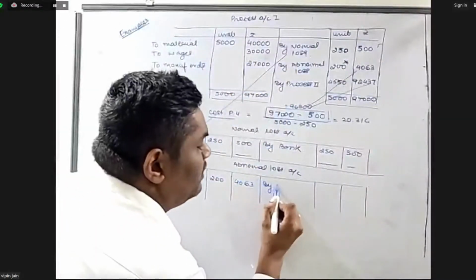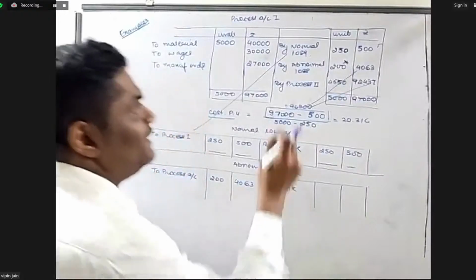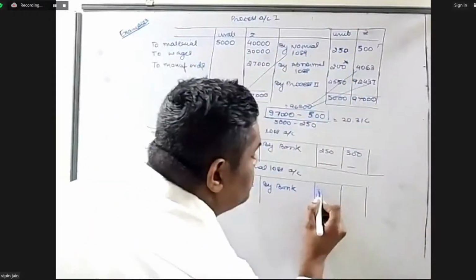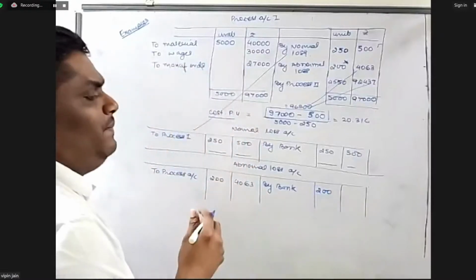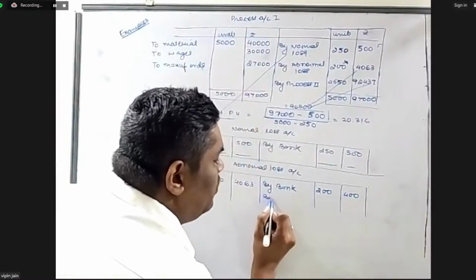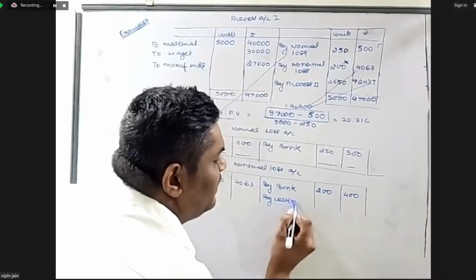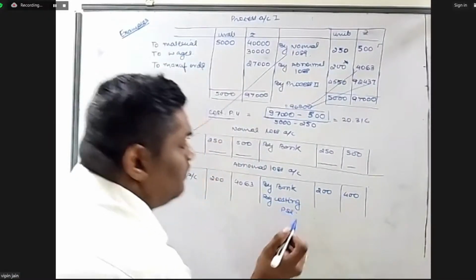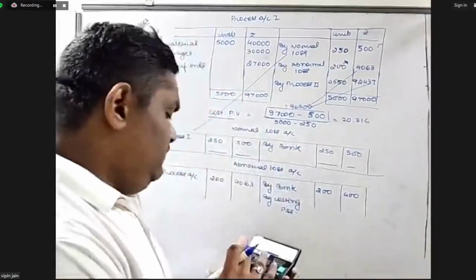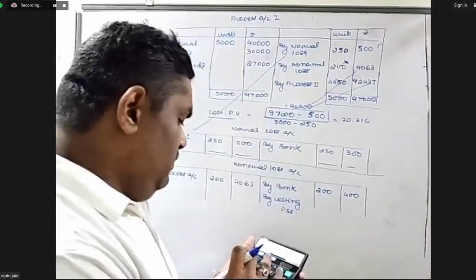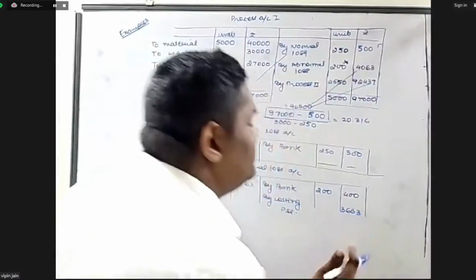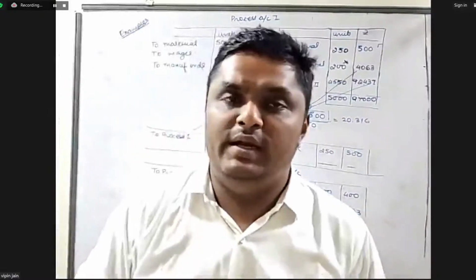So by bank, just like the units of the normal loss are scrapped, these units are also scrapped in the market at the same price, that is rupees 2, that is 400. So the balance amount will be transferred to costing P&L. That is 4063 minus 400, so 3663.